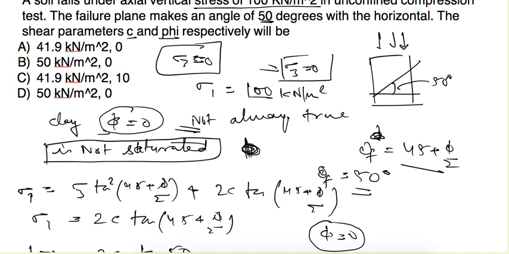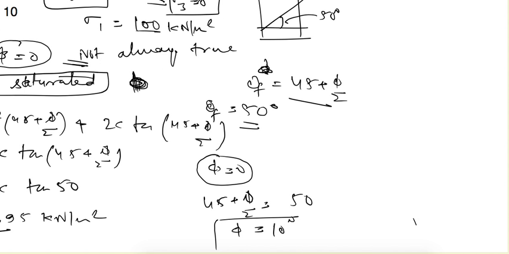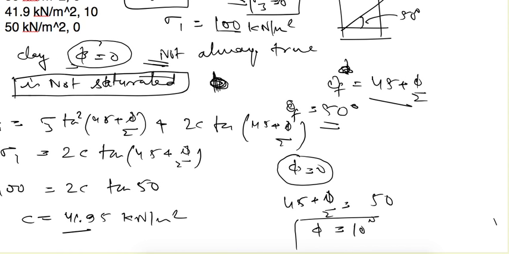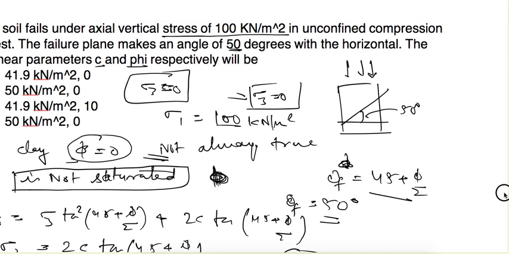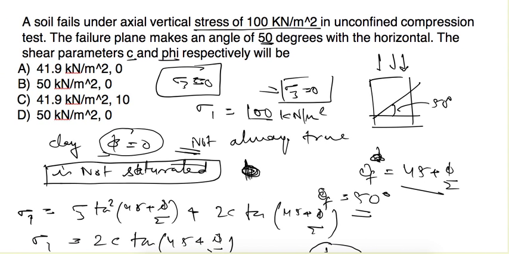So C is 41.9, and phi we can find from this equation. 45 plus phi by 2 is equal to 50. So phi is equal to 10 degrees. Simply, this is the answer: C is 41.9 and phi is 10 degrees.